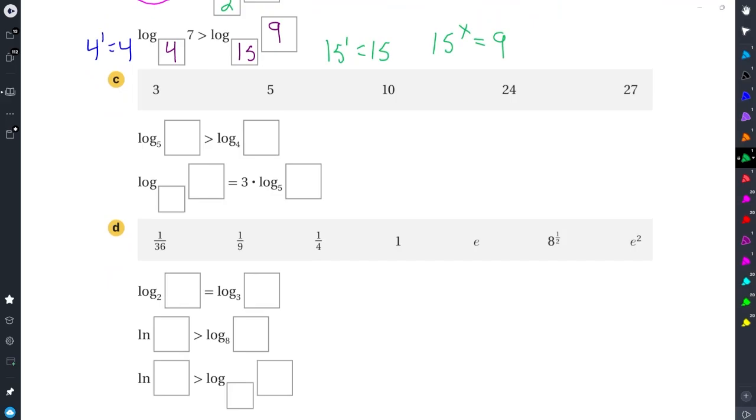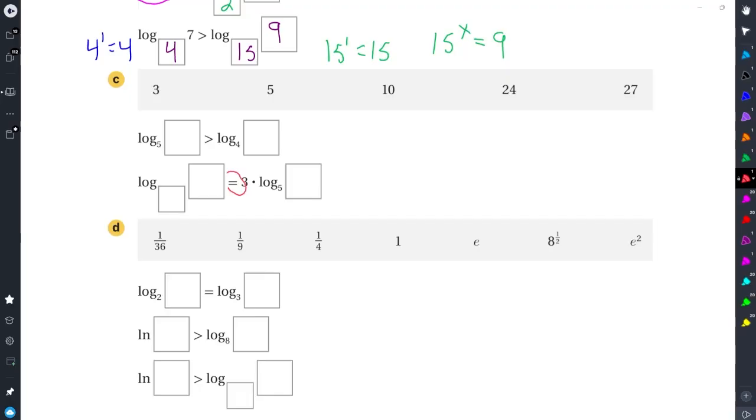All right, now letter C. Log base 5 of blank is greater than log base 4 of blank. Remember, we can only use anything once, and we have more stuff down here. Actually, I'm going to do the second one next because this is an equals.